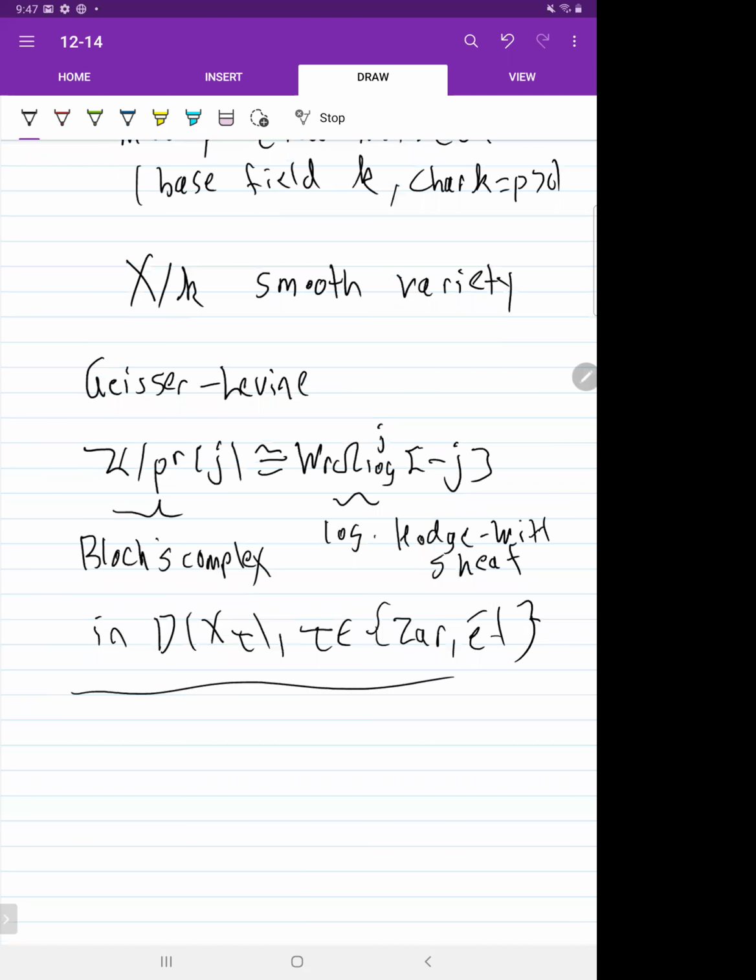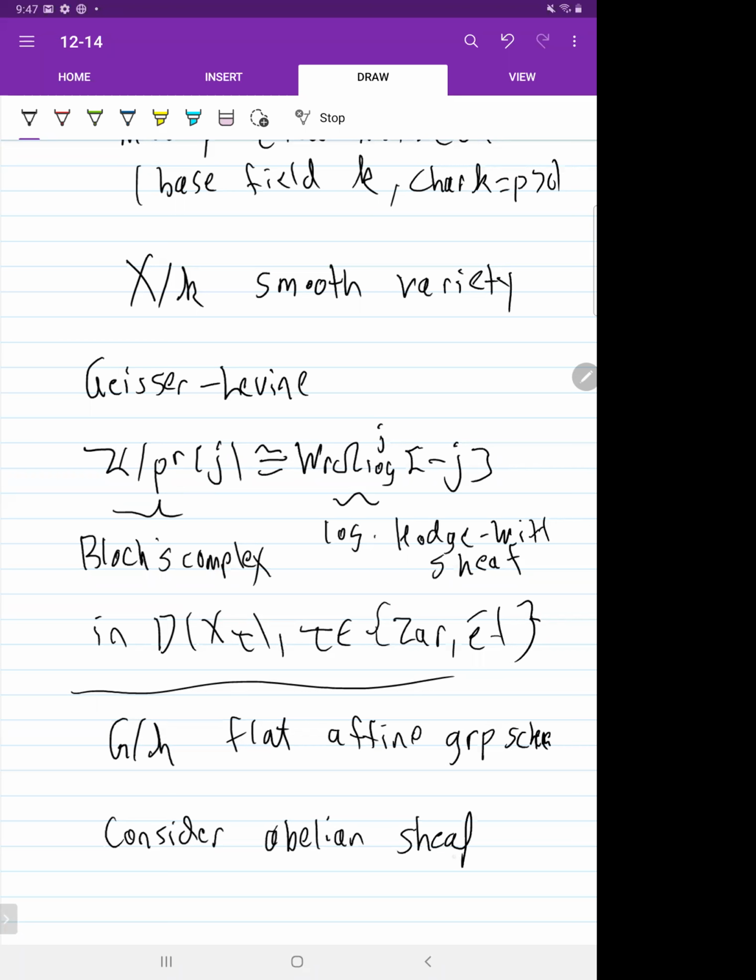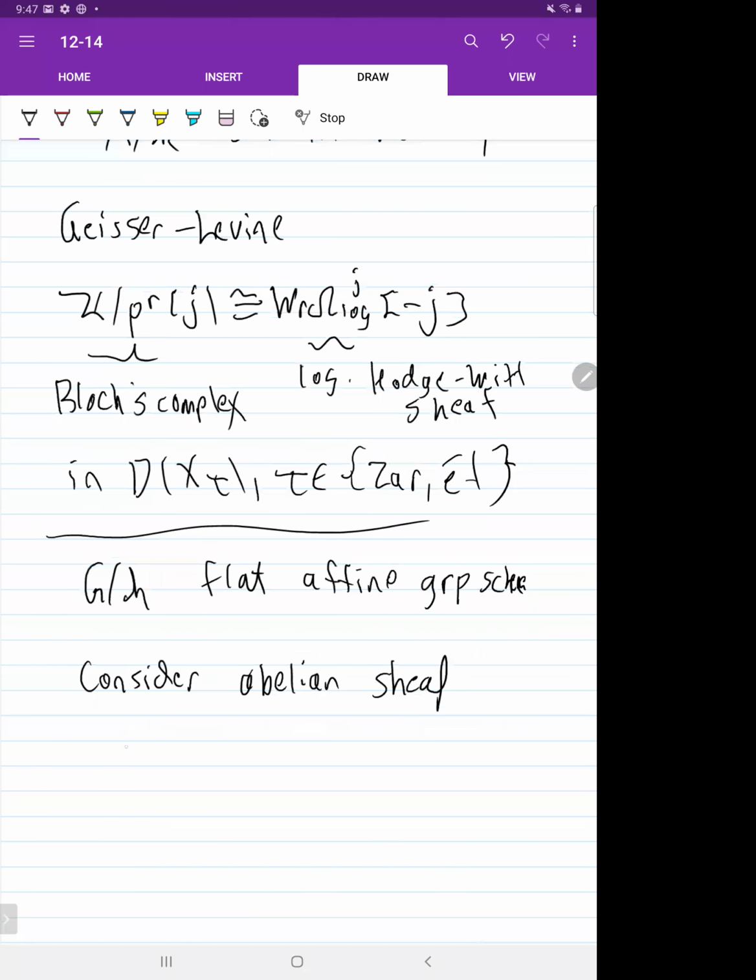So for G over K, a flat affine group scheme of finite type and so on, we consider the abelian sheaf of logarithmic Hodge-Witt forms on the big étale site of the classifying stack BG.